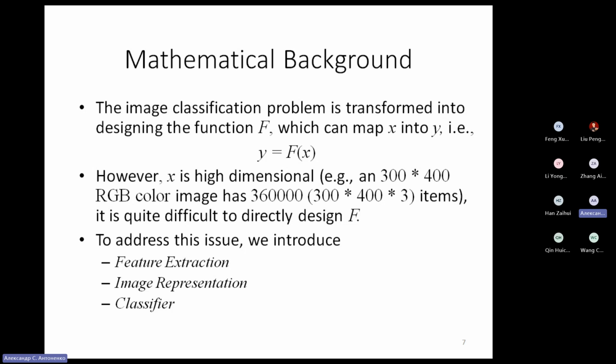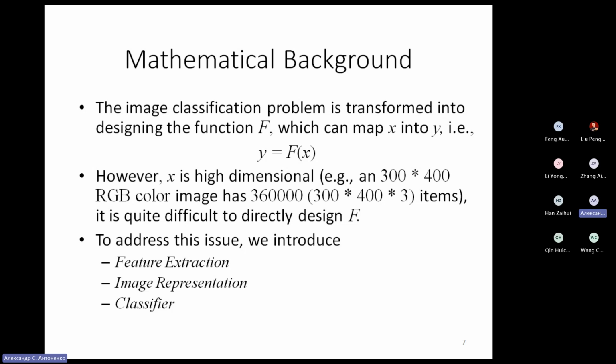For example, we can use edge detection, histograms, or maybe more complicated tools like SIFT features, or even, as we will see later, deep learning features, but more on deep learning later. Then we should represent the image by the set of its features.